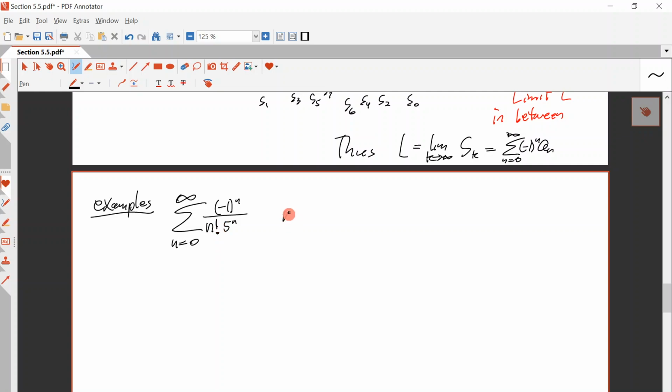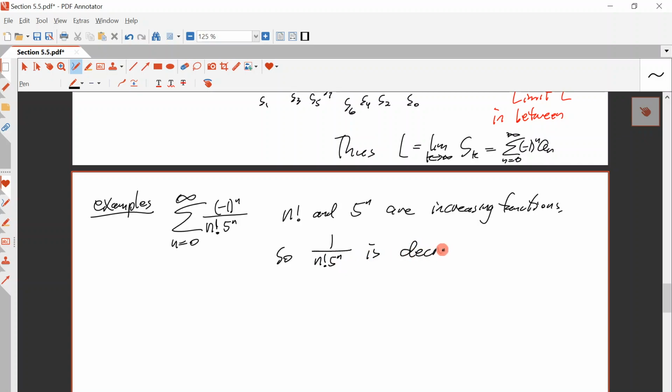N factorial and 5 to the n are increasing functions, so 1 over n factorial 5 to the n is decreasing.